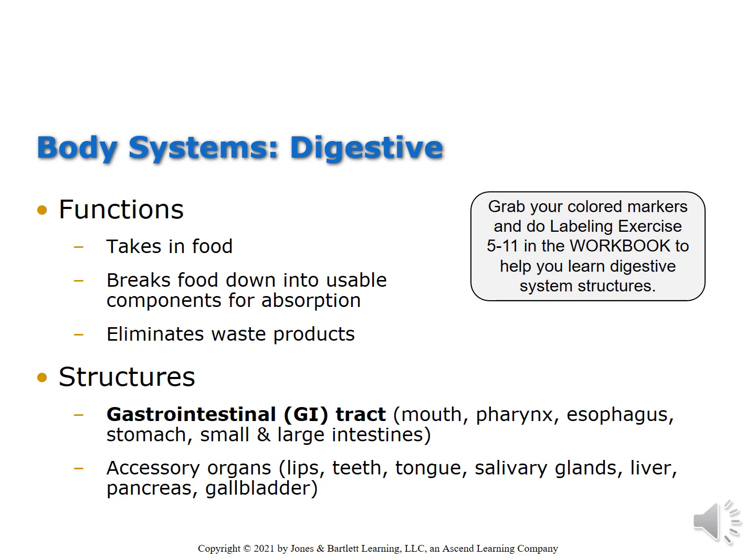But there are also organs that are not part of the digestive system, which are called accessory organs, which include the lips, the teeth, the tongue, salivary glands, the liver, very important for secreting substances to help break down foods. The pancreas, just as well, helps secrete digestive enzymes, and the gallbladder for storage of bile, which can help break down fats.